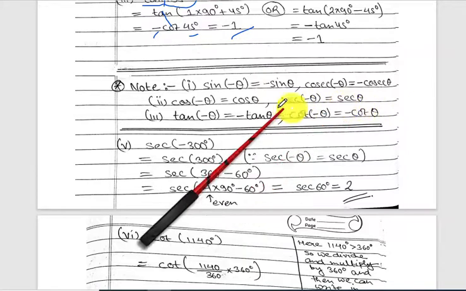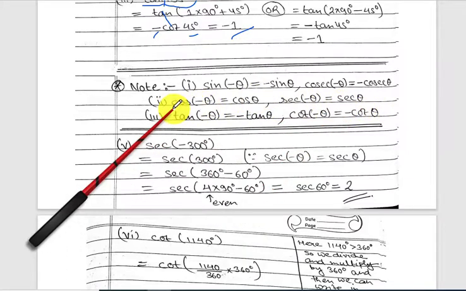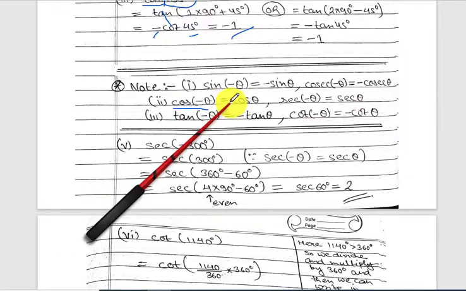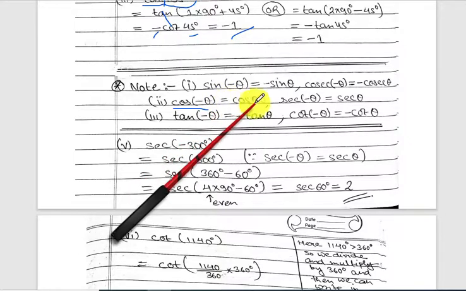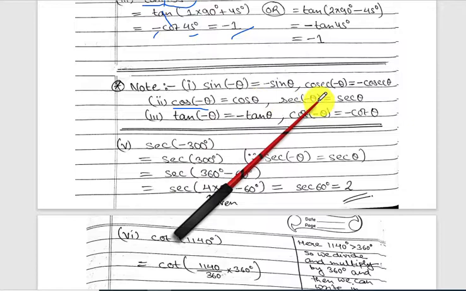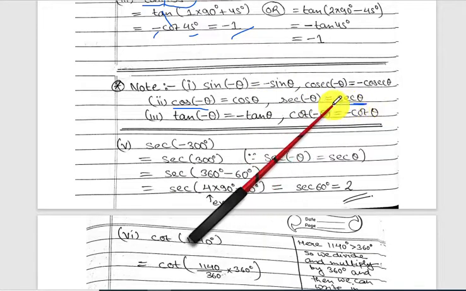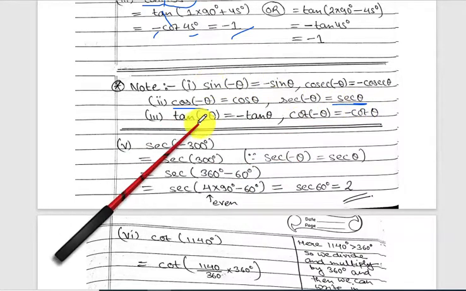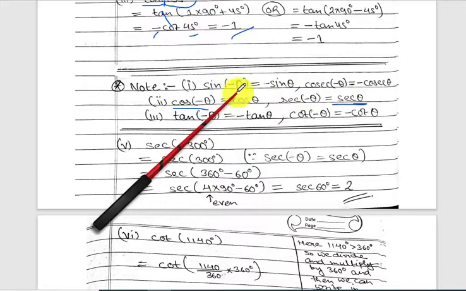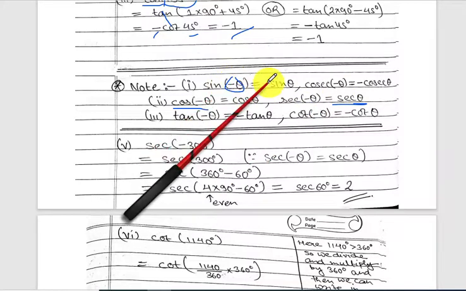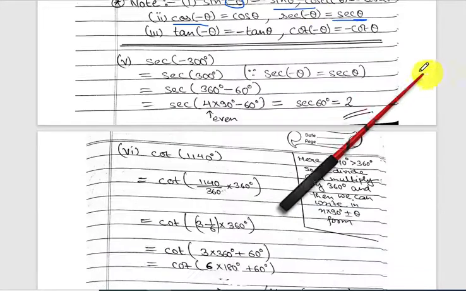So for cos minus theta, there is no minus sign coming out. Simply you get cos theta. For sec minus theta, you are getting simply sec theta. But for sin theta, tan theta, cot theta, cosec theta, if you have got a minus sign inside, that sign comes out. Yes, so you should remember this.